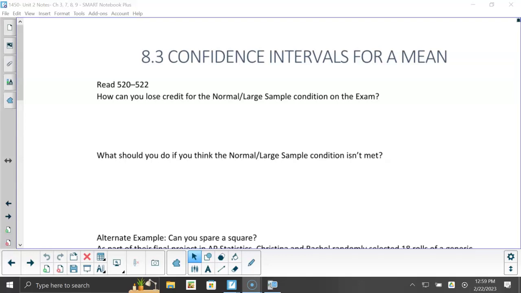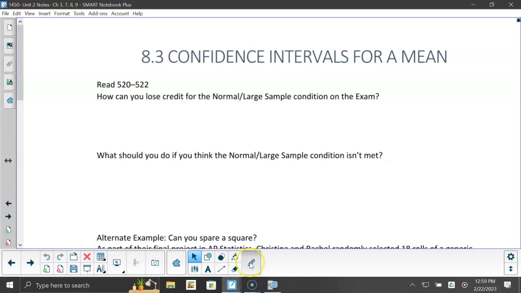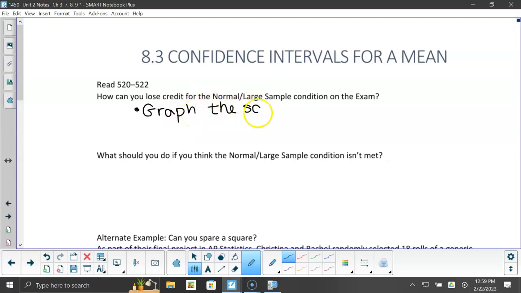Alright, so there are really two main ways to lose points on a test, or if we're doing the AP exam, whatever. The first one is you need to graph the sample data. The second one is you need to understand that the condition is not about the population.